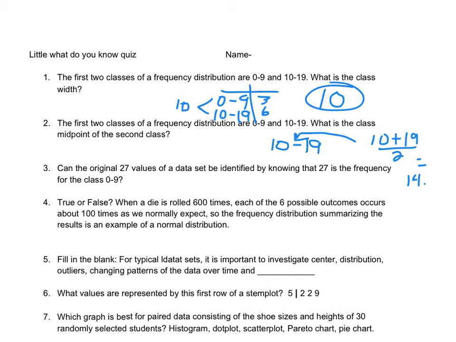Or you can just think of halfway between 10 and 19. 10 to 19 is 9, so half of 9 is 4.5. Either add 4.5 to 10 or subtract 4.5 from 19.